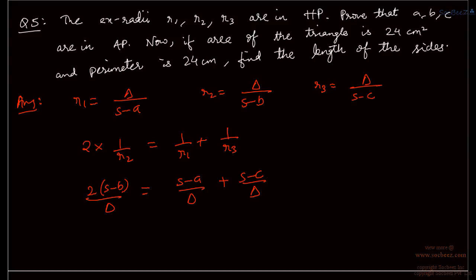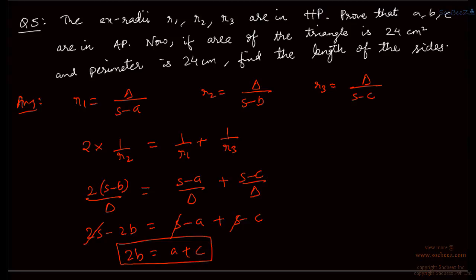Delta is the common denominator everywhere, gets cancelled, and we get 2S minus 2B equals S minus A plus S minus C. Hence we get that 2B is equal to A plus C. But isn't this the formula for arithmetic progression, right? So that means a, b, c are in AP. Hence, the first part of the problem is done.